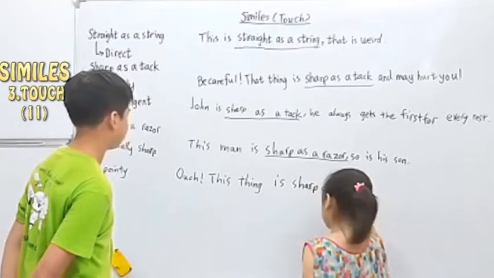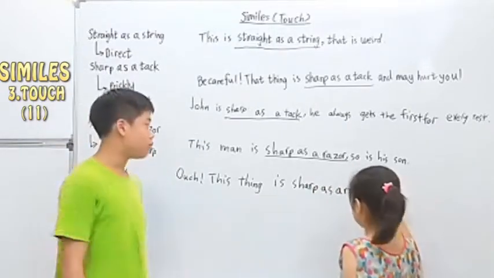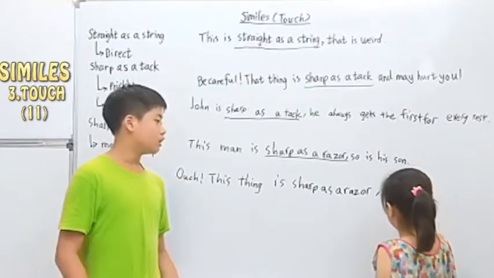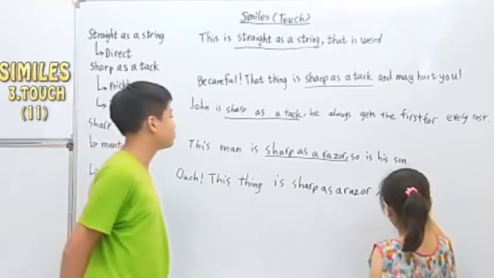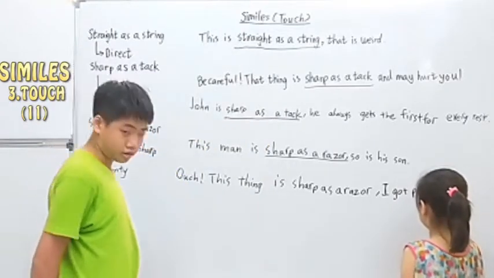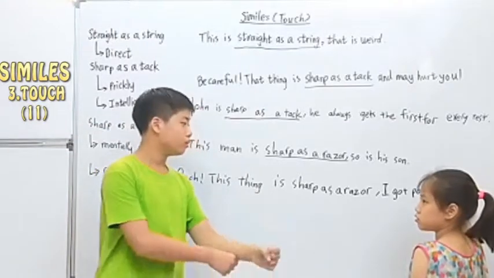Sharp as a razor. After reading this, I question myself: did this narrator get cut? Is it just bleeding? I got poked by it. Now, this type of poke, is it a poke into the skin until the blood vessel?